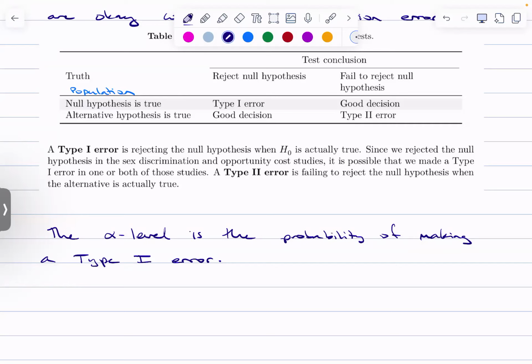So if you want to reduce the probability of making a type 1 error, what would you do? You would make it harder to reject H naught by decreasing your alpha level. You need a way smaller p-value.